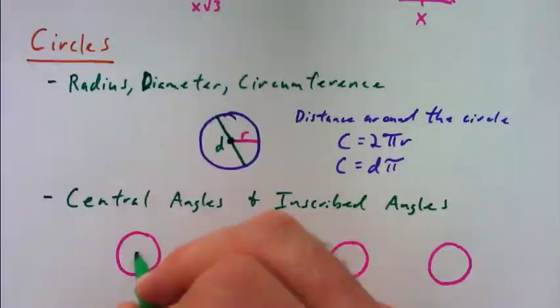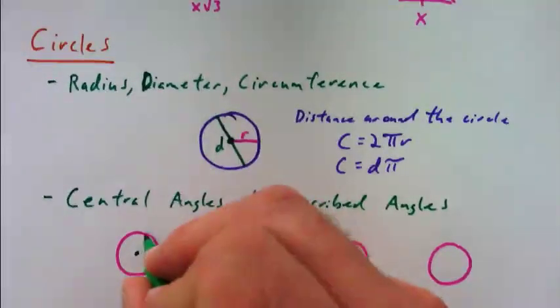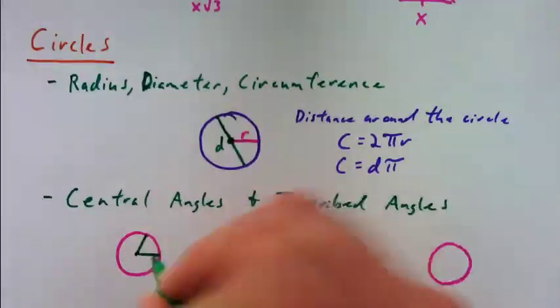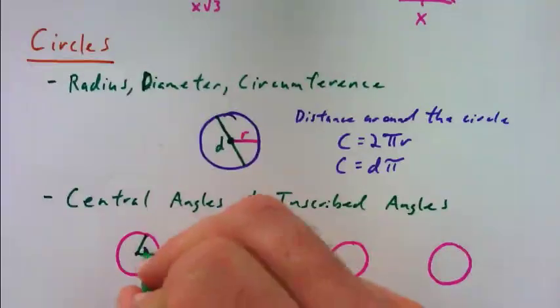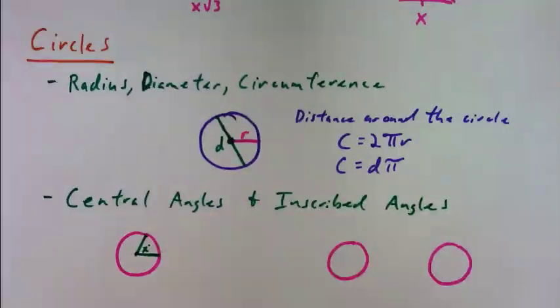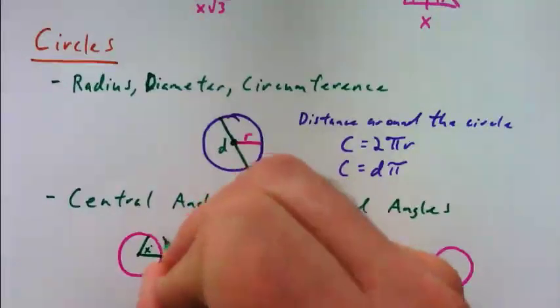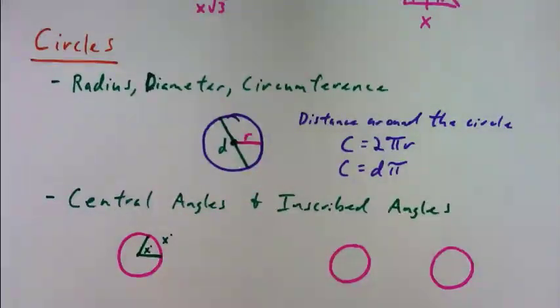So, a central angle is exactly what it sounds like. It's an angle on the center of the circle. If I call this angle measurement x, the measurement of the arc out here would also be x.